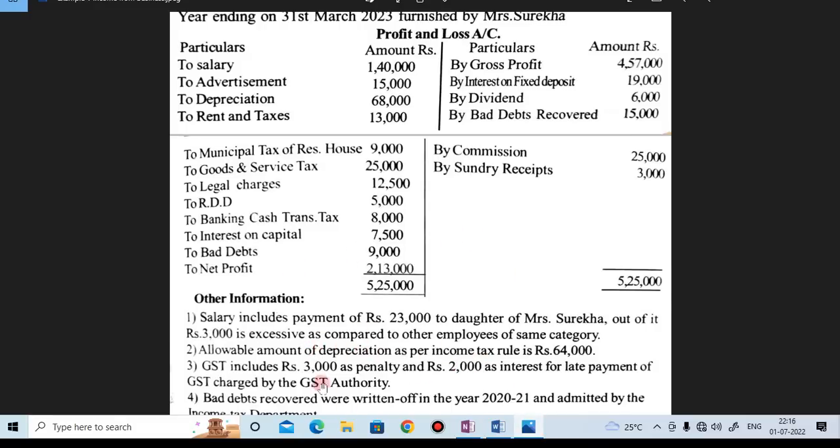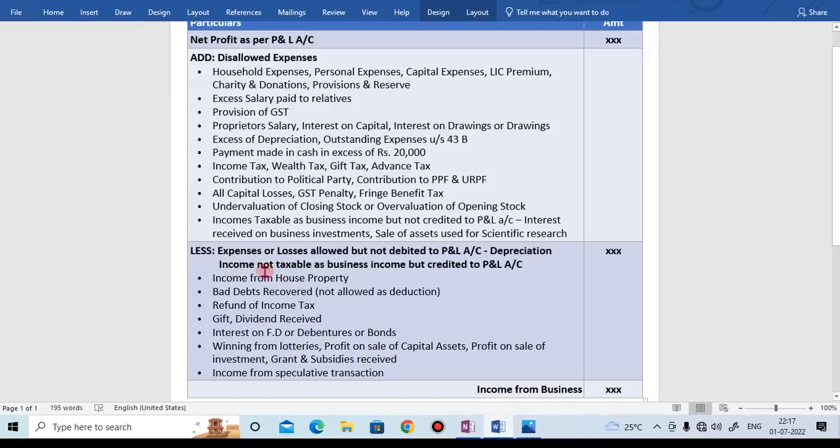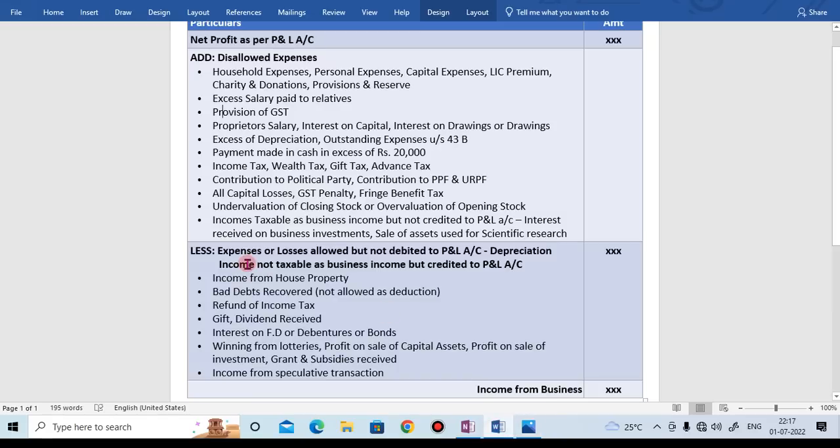Whatever expenses are given only in the adjustment or other information, not on the debit side, that value will be deducted in the format. Now check in the question. Depreciation is already given in the P&L account, so there are no expenses or losses allowed but not debited in the P&L account.